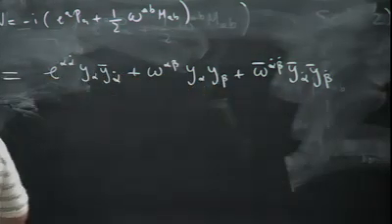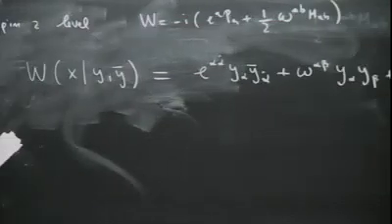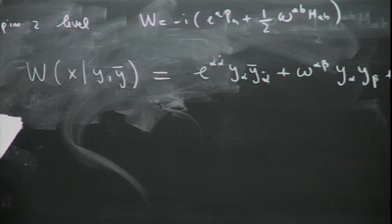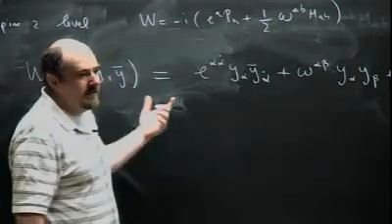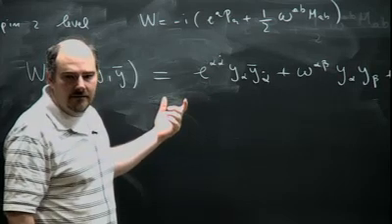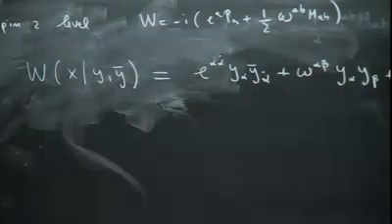Okay, so now in this language, generalization to spin s, to all spins, becomes almost obvious. We just allow this W to be a general function of y and y bar. And that will include all this.